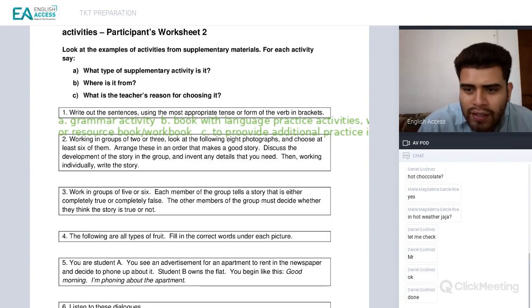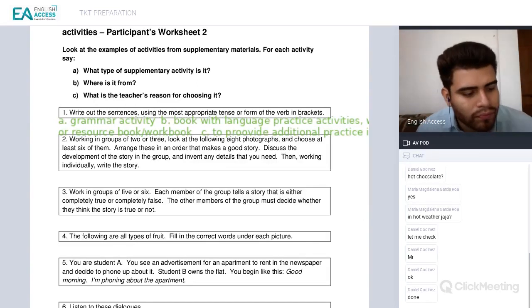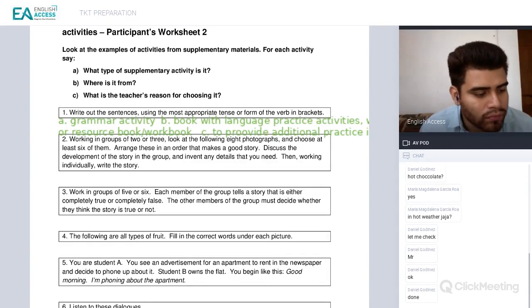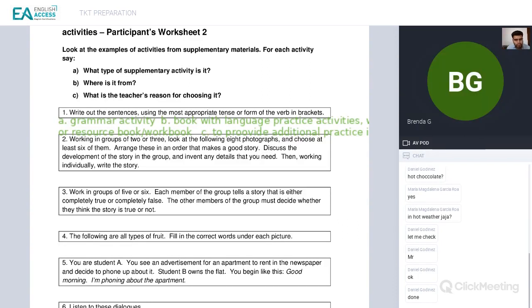And let's see. Brenda, could you help me read number 2? Number 2, working in groups of 3. Look at the following 8 photographs and choose at least 6 of them.